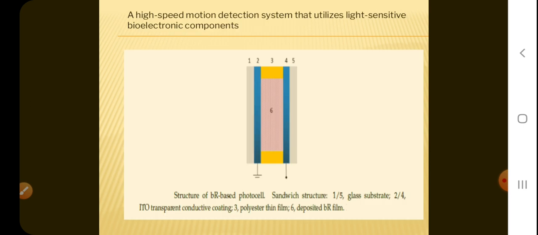This is the structure of a BR based photocell.